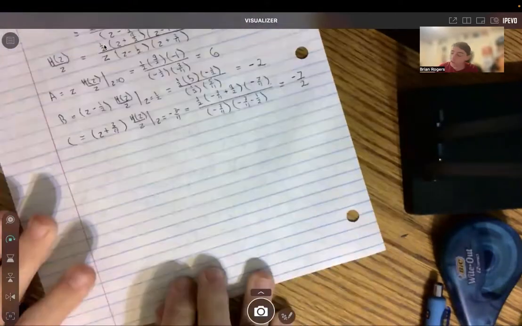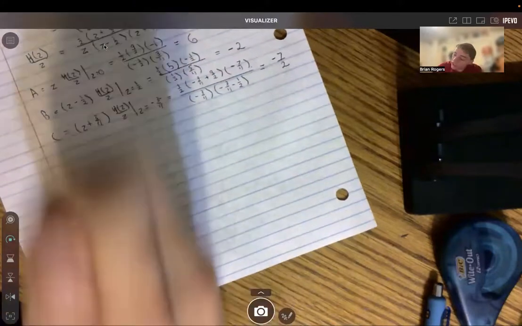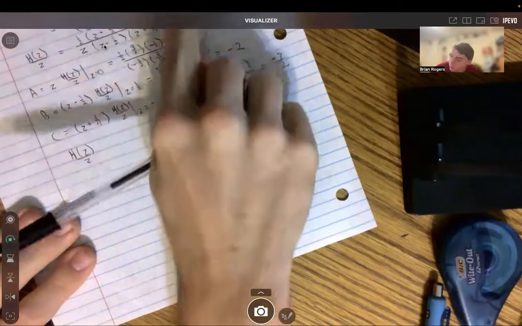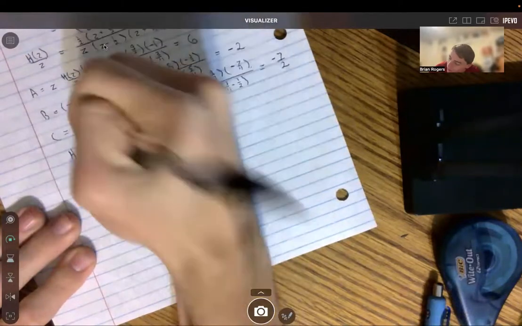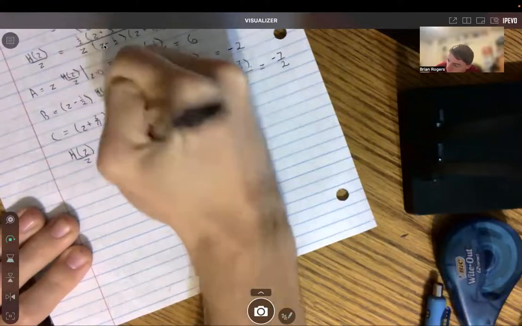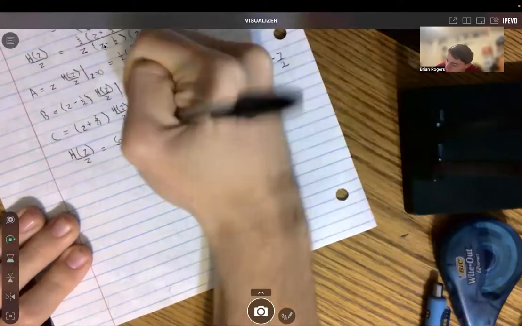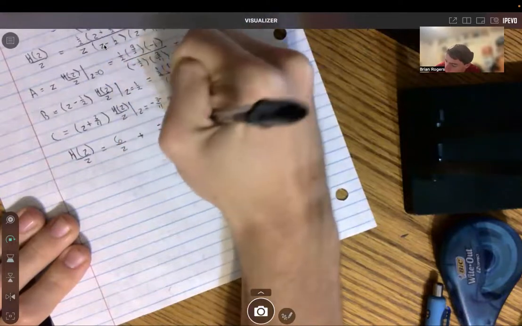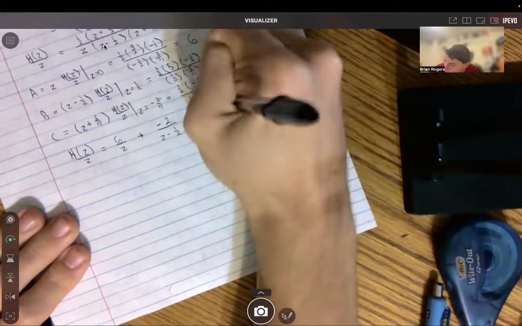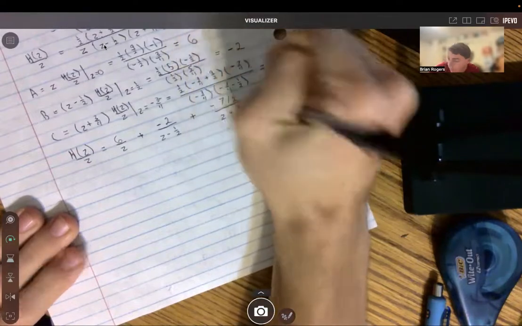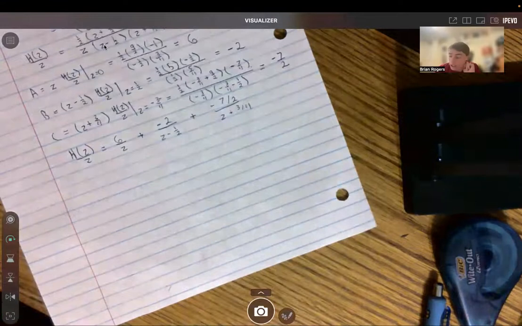Okay, now that we talked about that, so your h of z all over z, plugging in for what we saw for a, b, and c, is going to be equal to 6 over z plus -2 over z minus 1/2 plus, and then here for c, it's going to be -7/2 all over z plus 3/4. Okay, so we got our h of z over z.